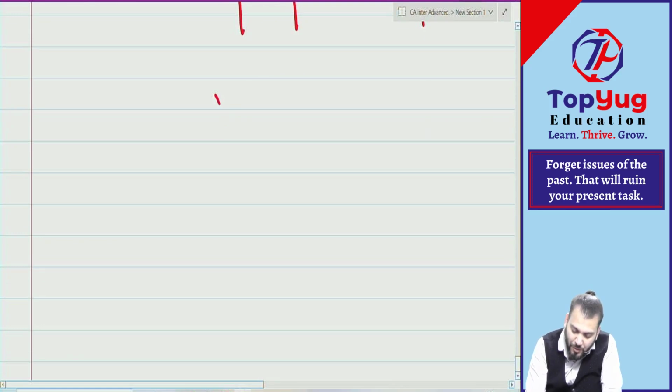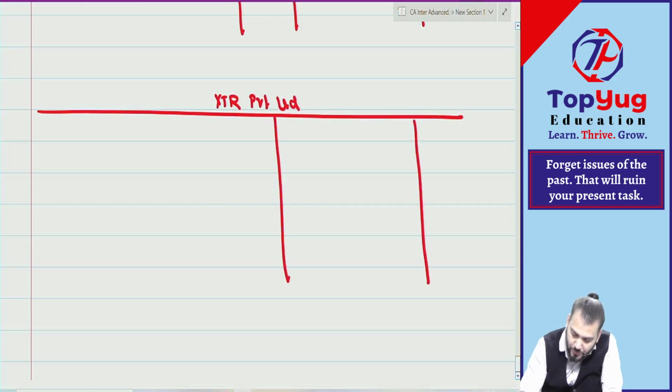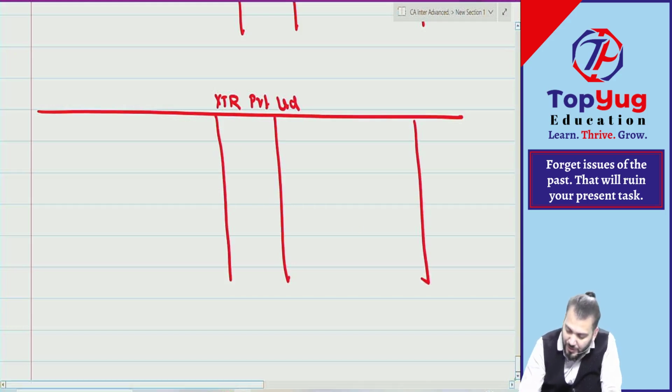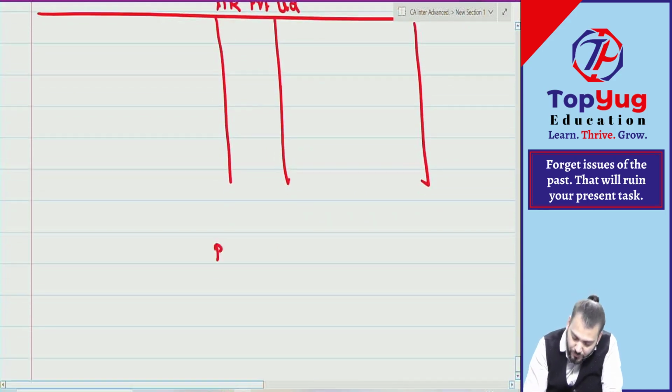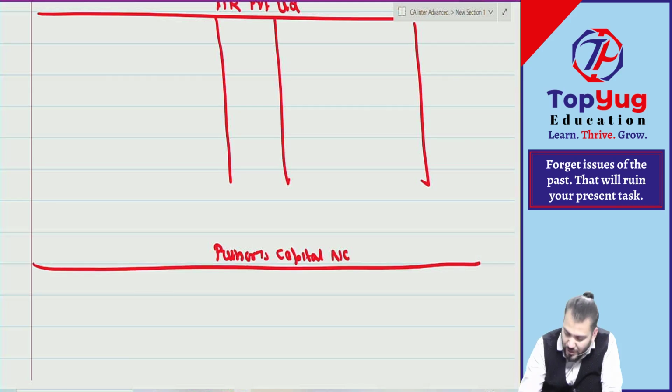Then we need to prepare what? YTR Private Limited company's account. And then we need to prepare what? Partners. How many partners?